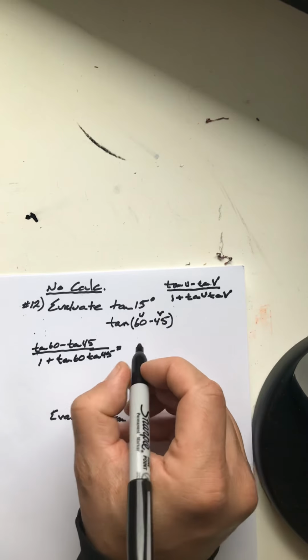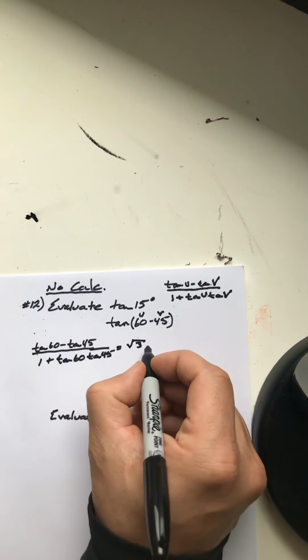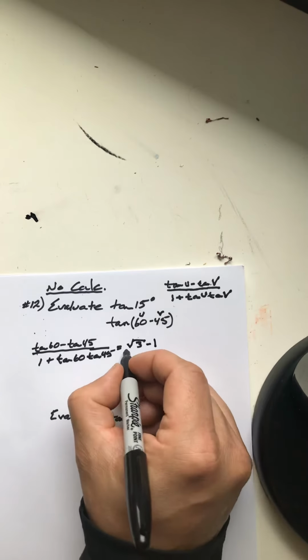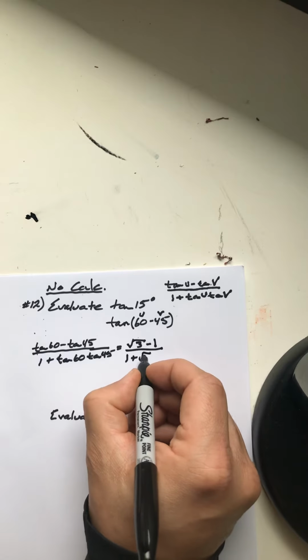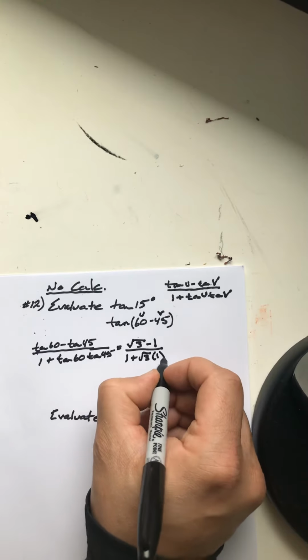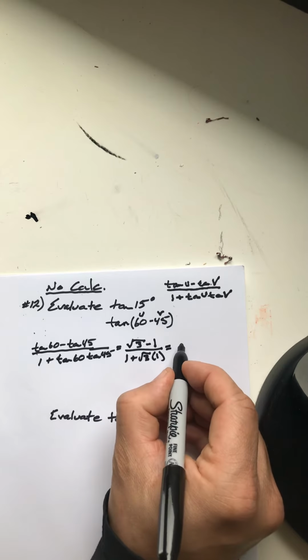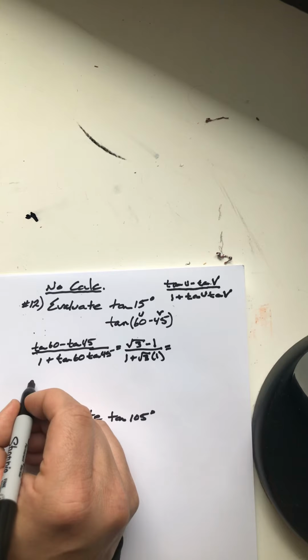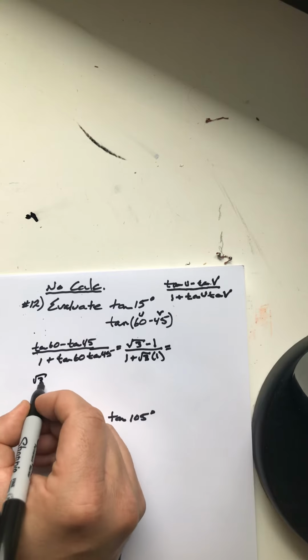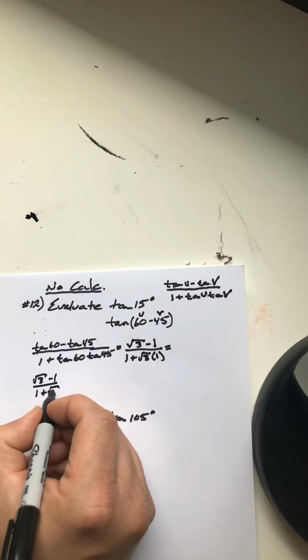You'll find out that the tan of 60 is radical 3, and the tan of 45 is just 1. And so 1 plus radical 3 times 1. So ultimately we're dealing with radical 3 minus 1 on top and 1 plus radical 3 on bottom.